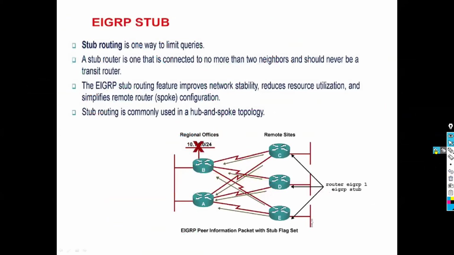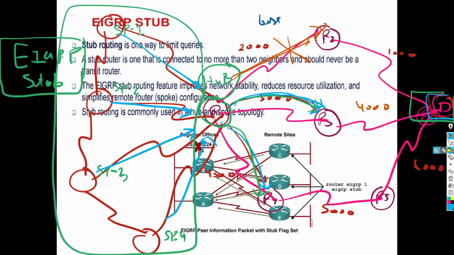Let's talk about stub routing, which is one way to limit EIGRP queries. A stub router is one that is connected to no more than two neighbors. Should the neighbor be a transit router? Yes. These routers are not transit routers. R1 is a transit router.